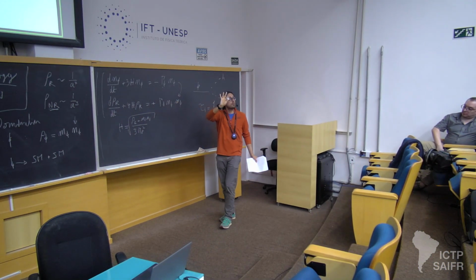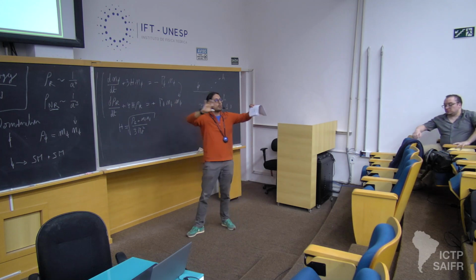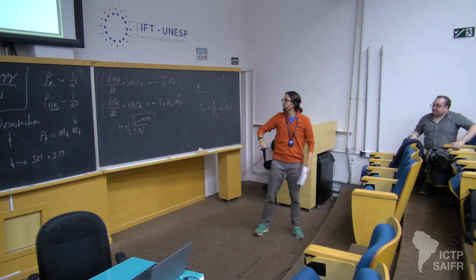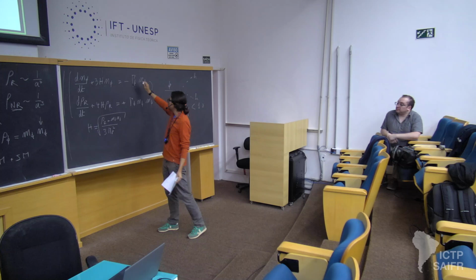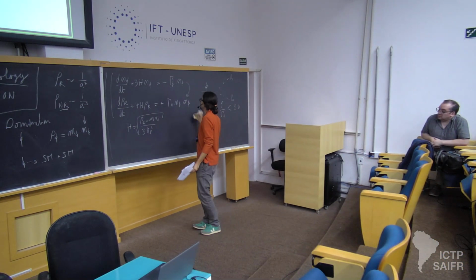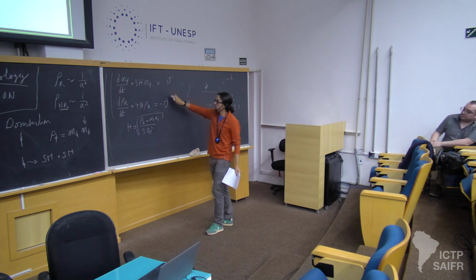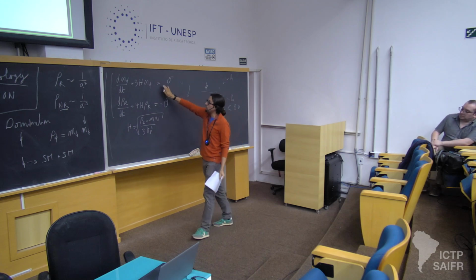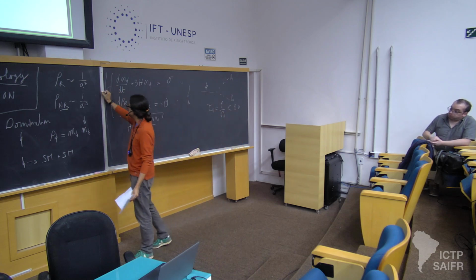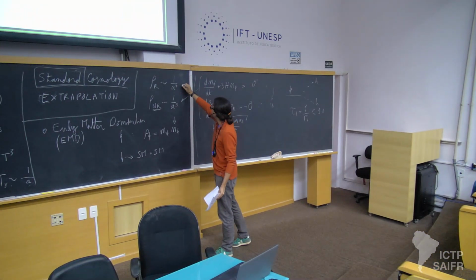Then the standard model and phi are completely decoupled. If I put these two terms to 0, it's easy. If you solve these equations, this equation will tell me this, and this equation implies this.